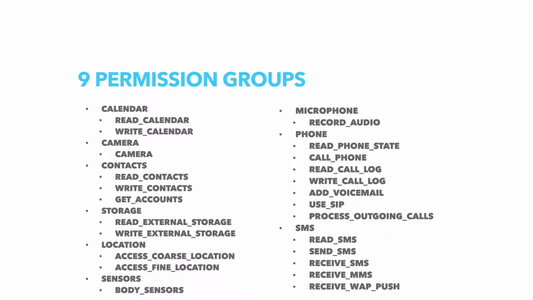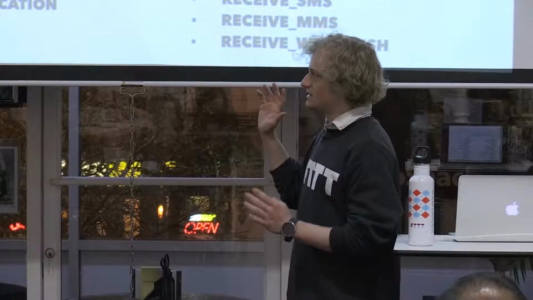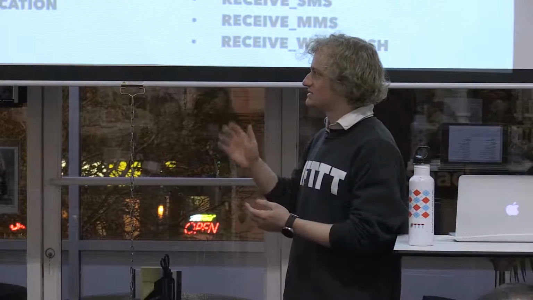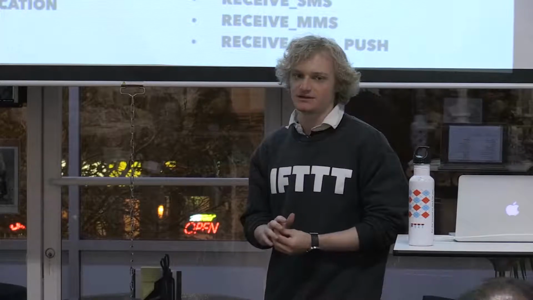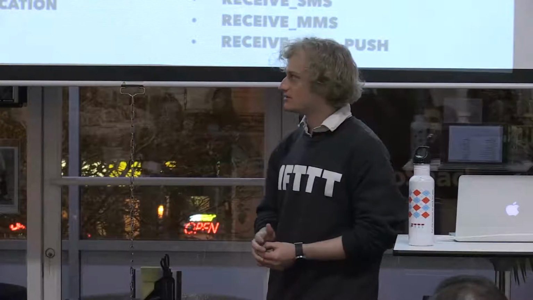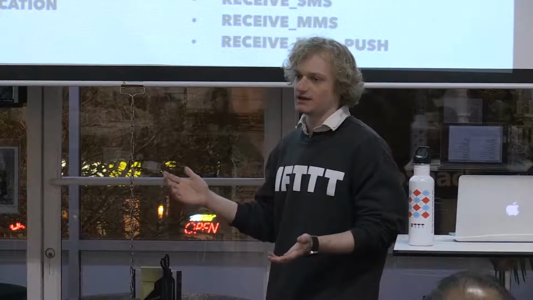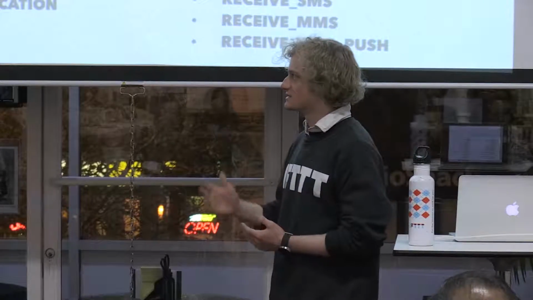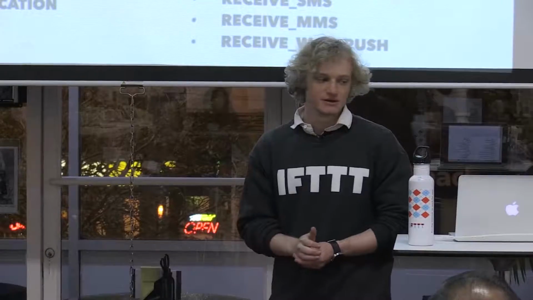What this means for your dangerous permissions is that, for example, if I want my app to access coarse location, I'm going to end up presenting the user, or Android will end up presenting the user, with a dialog that will ask for location, and it'll be no different than you asking for fine location.